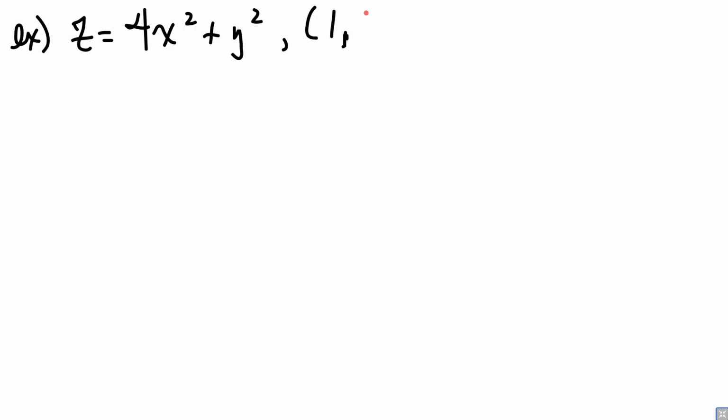All right, so this time we are given the surface z is equal to 4x squared plus y squared, and we have the point 1, 1, 5. Okay, so first, what I want to do is find the partial with respect to x, and that's going to give me what?